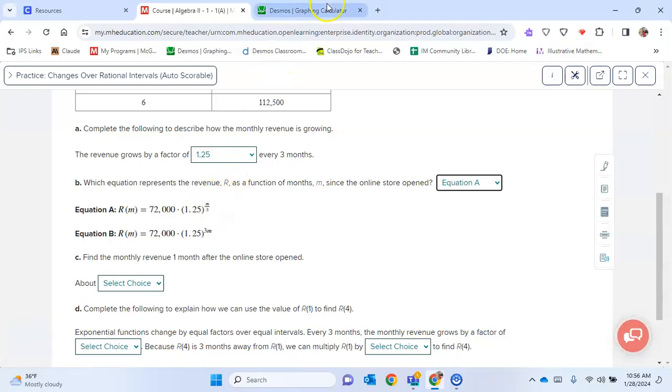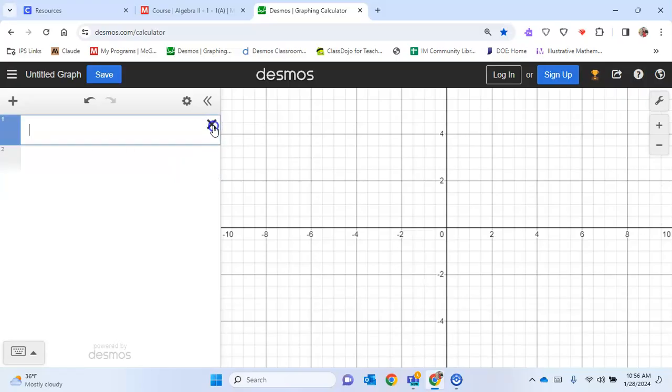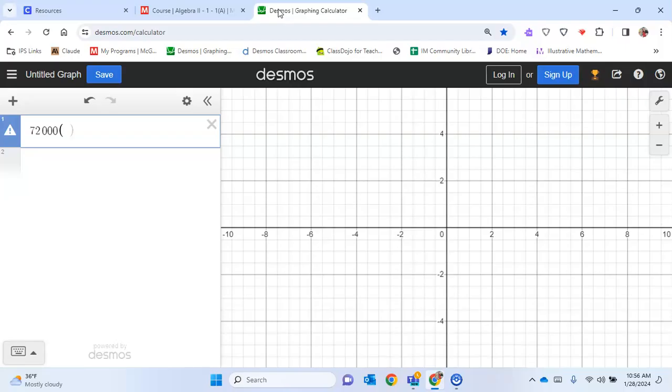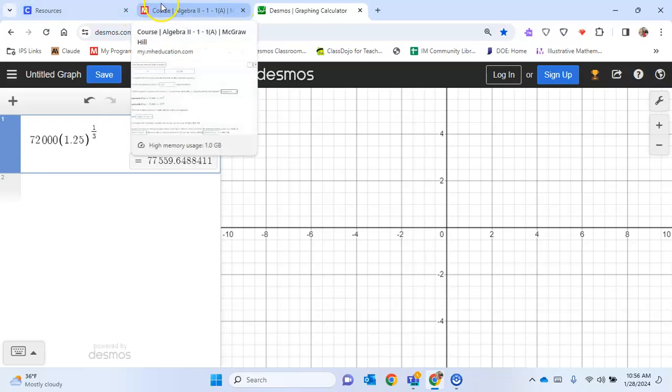So that's 72,000 times 1.25 to the 1/3 power. All right, that's 77,560 almost.